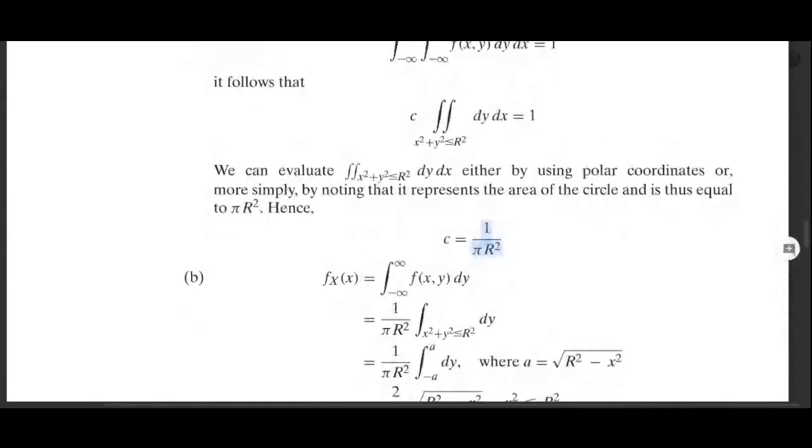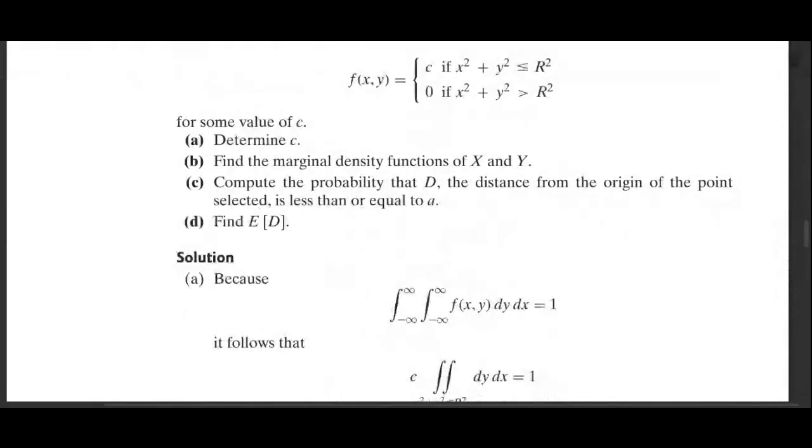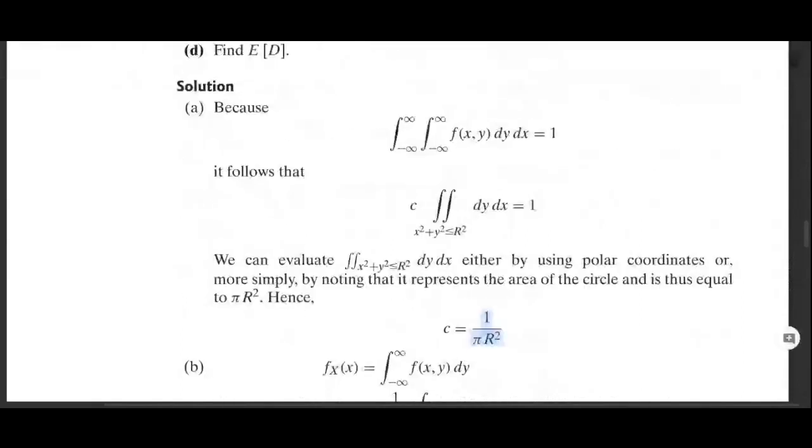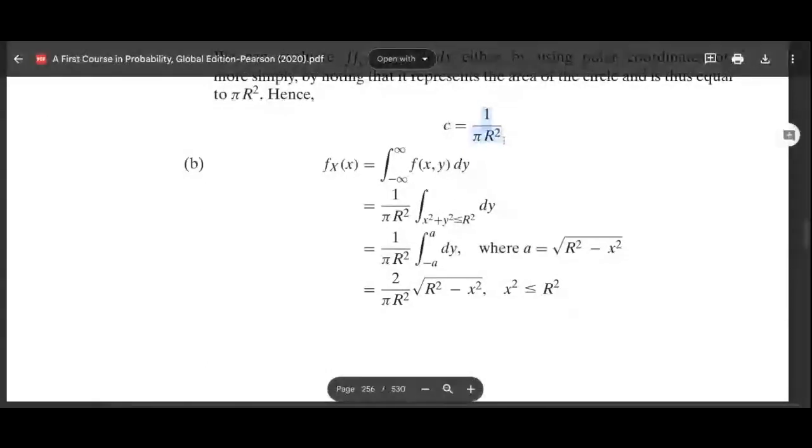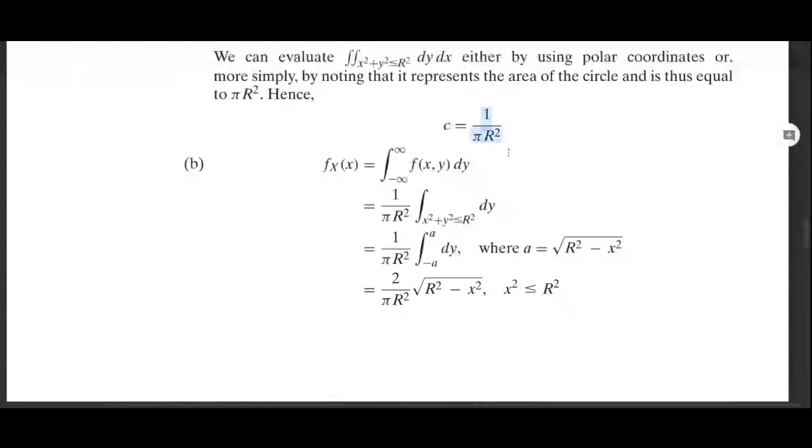B, we want to find the marginal density functions for x and y. Now we have this c, which equals 1 over pi r squared, so it depends on the radius of the circle. The density function for x is this, and it can be interpreted as 1 over pi r squared, the c, integrated only in one direction, because for x we only have to integrate over y.